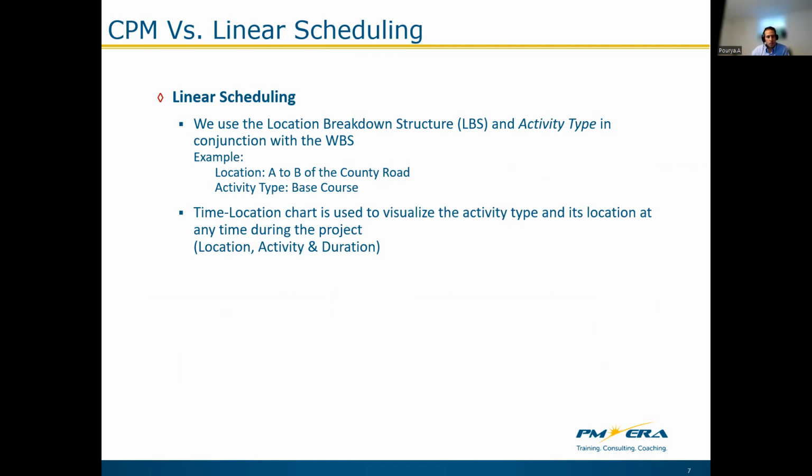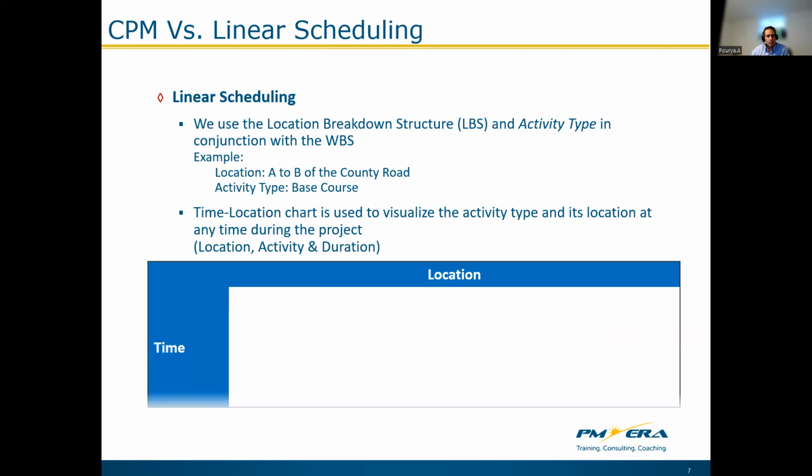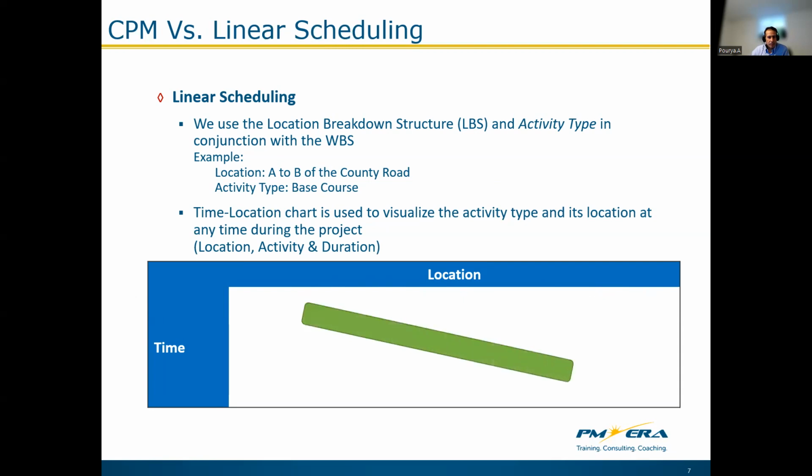Time location chart is used to visualize the activity type and its location at any time during the project. Here, we show the time on one axis, like Y, and location on another axis, like X. Then the activity is drawn on the graph starting from the start time and start location, and it is extended to the finish time and finish location.